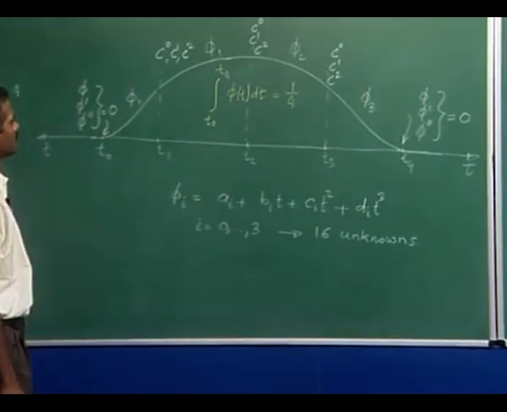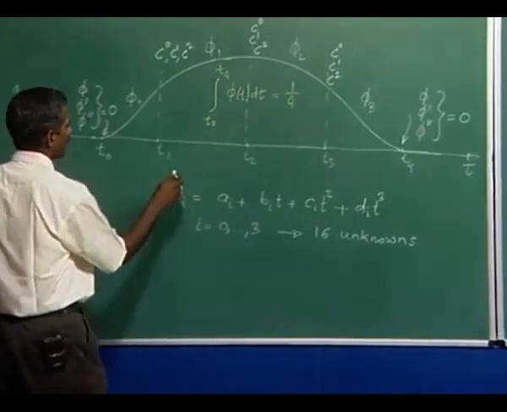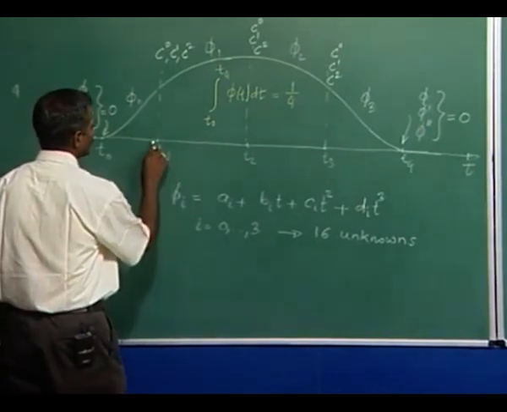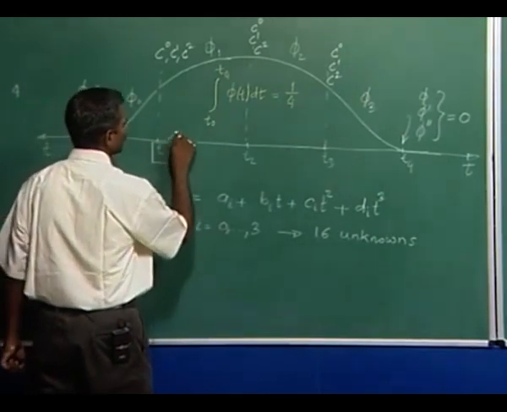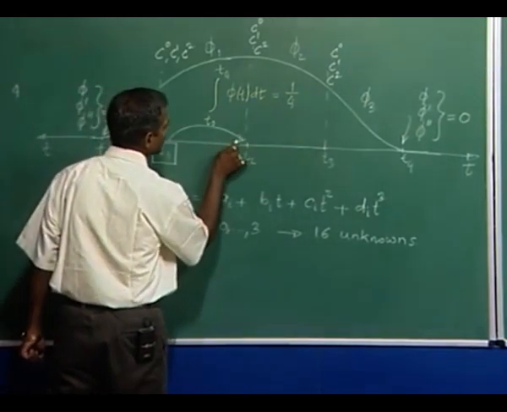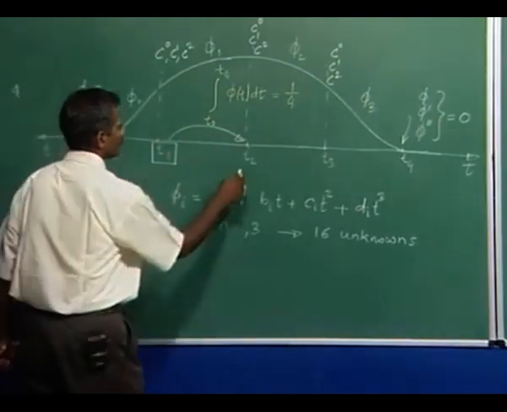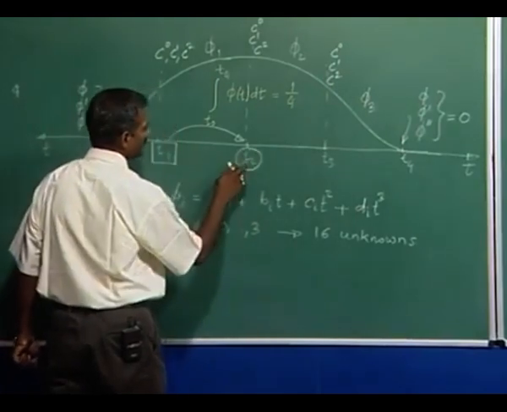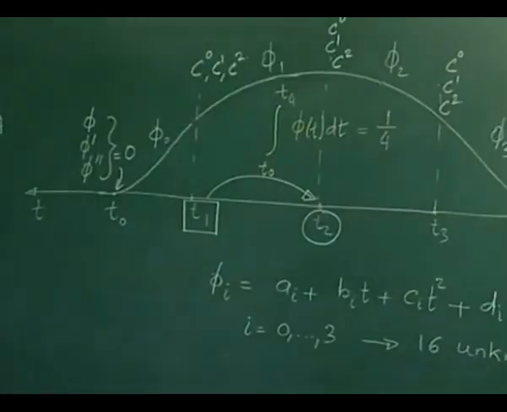Try to now guess what will happen if I move T1 to precisely lay over T2, making T2 a multiple knot of multiplicity 2.